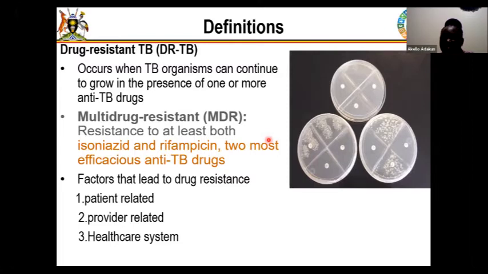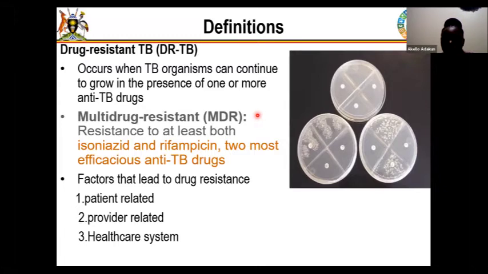The factors that lead to the spread of drug-resistant TB include patient factors, like patients who don't take their drugs well. It's called poor adherence. The germs can become resistant. They can also be provider or healthcare worker related.